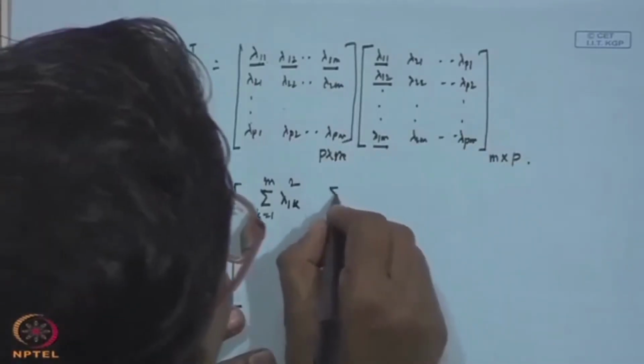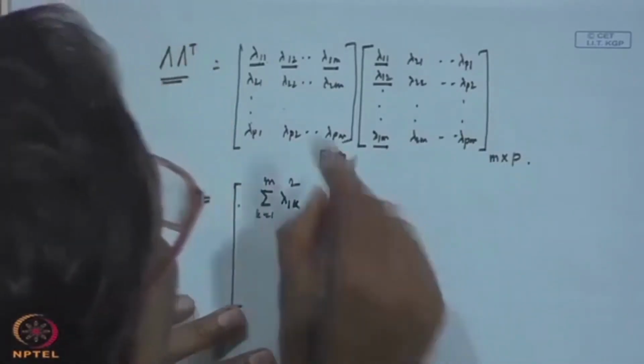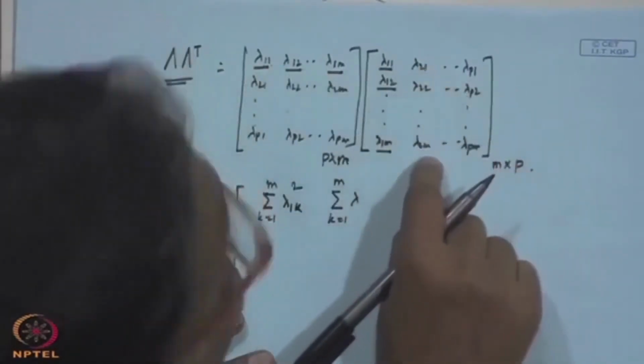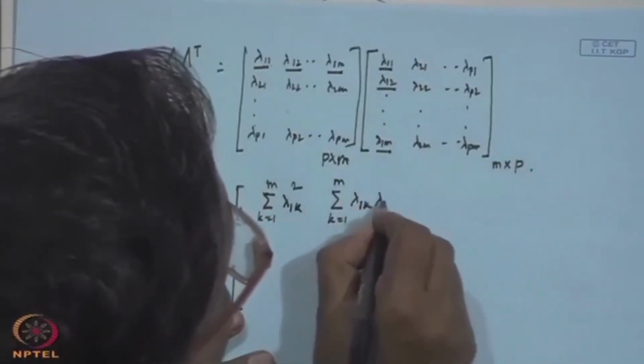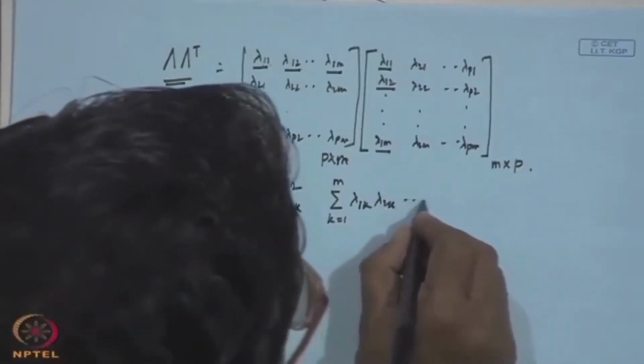Then the second one will be again k equal to 1 to m, lambda 1 k lambda 2 k, the covariance part is coming here.